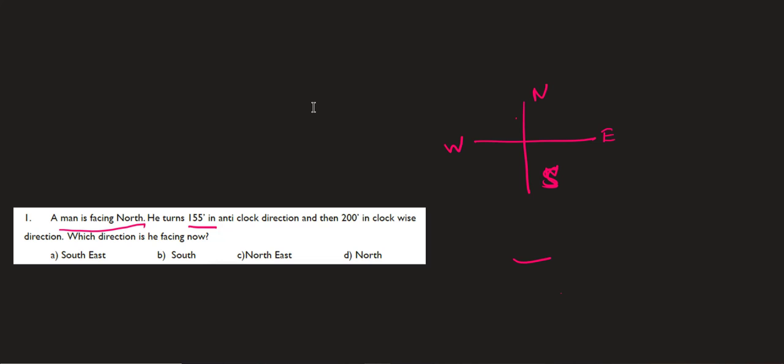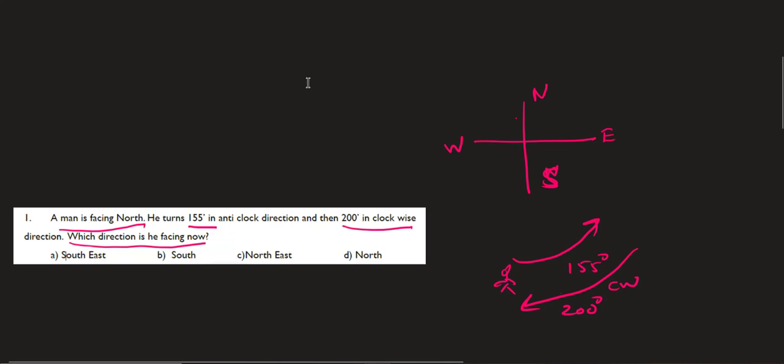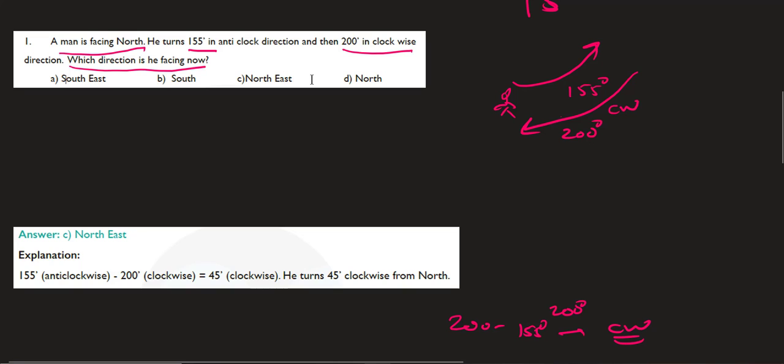So anti-clockwise direction is this. He turns 155 degrees from the initial position, and then 200 degrees in the clockwise direction. So which direction is he facing now? You can pause the video and give me the answer, or you can just select the answer in your head. Let me give you the answer now.